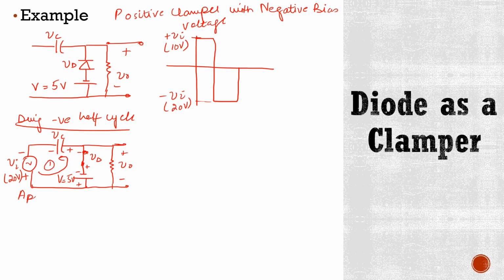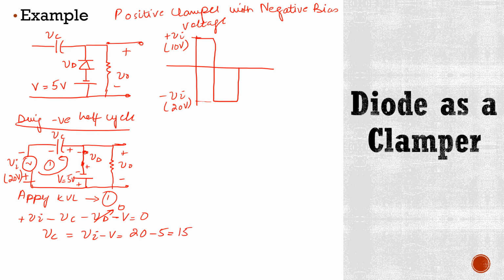Now, again, if we apply KVL to loop 1, our equation will be, start from this point, plus Vi minus VC minus VD minus V is equal to 0. We consider that this diode is ideal, so it is 0. Now you have this VC is equal to Vi minus V. We know that Vi is 20, V is 5, so your capacitor voltage is 15 volts.